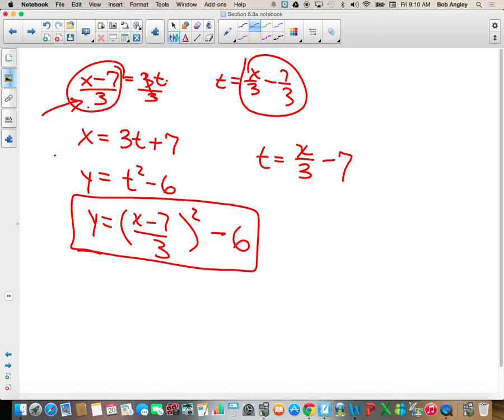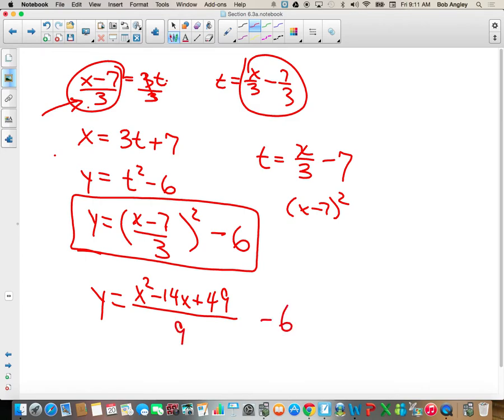Notice you get rid of the parentheses, right? Because if you get rid of the parentheses, you can tell more about the parabola. And so we could do this. If we do x minus 7 squared, that part is going to be x squared minus 14x plus 49. And then if we square the 3, we're going to get a 9, and then we're going to get a minus 6 here. Let's see.